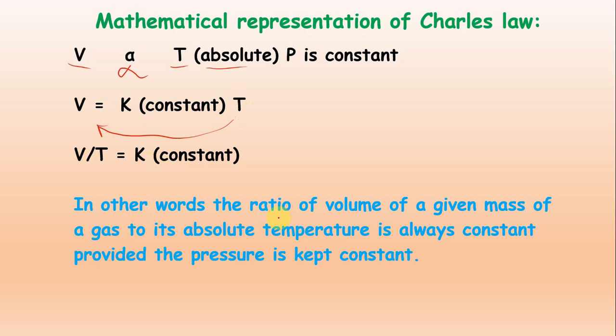In other words, the ratio of V, meaning volume of a given mass of gas, to its absolute temperature T is always constant, provided the pressure is kept constant. So this is the explanation of this equation which we have derived from the mathematical expression of Charles' law.